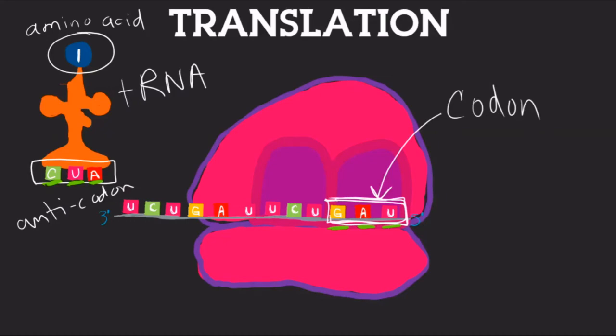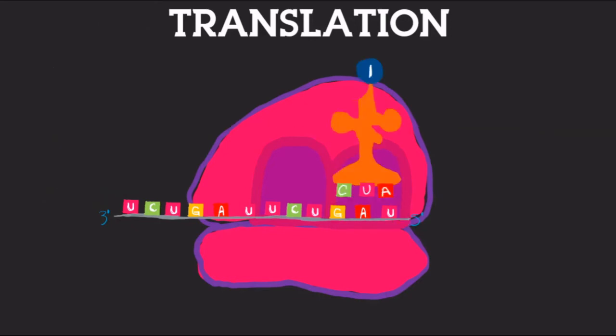And so it is going to slide into this first slot like so. Now it's slid in, and what's going to occur is we're going to see, does the anticodon match the codon? In this case, big check mark, yes, it does.